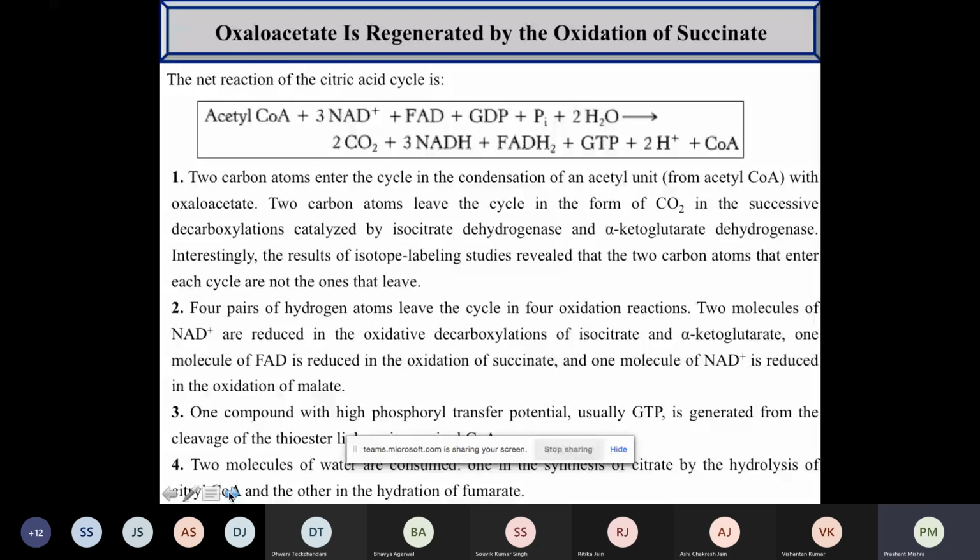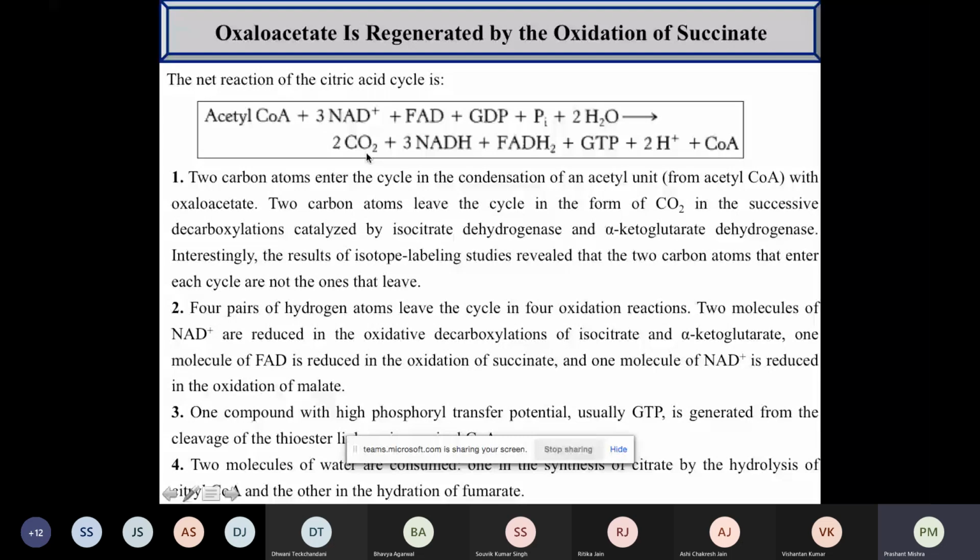So when you do the calculation for ATP, you should consider 2 molecules of acetyl CoA formed from 1 molecule of glucose. So the net reaction I was talking about: if I have 1 acetyl CoA, it will also need 3 steps where you have consumed NAD plus, one step where you have consumed FAD, which is converted into FADH2, one step where GDP and Pi combine and make GTP, and 2 water molecules are consumed, and the 2 carbon molecule which was present here has been converted.